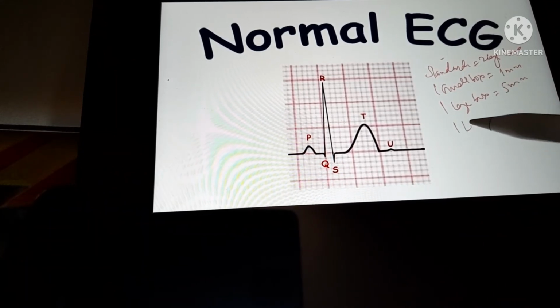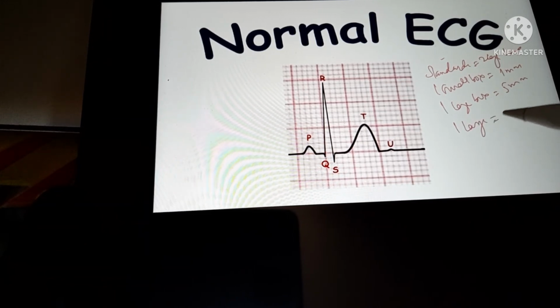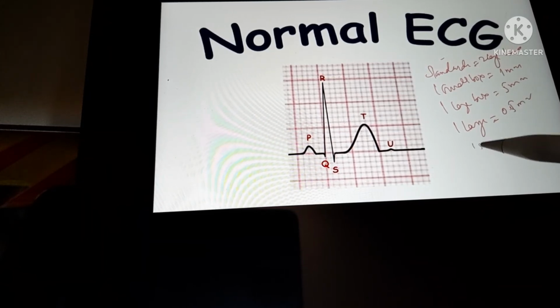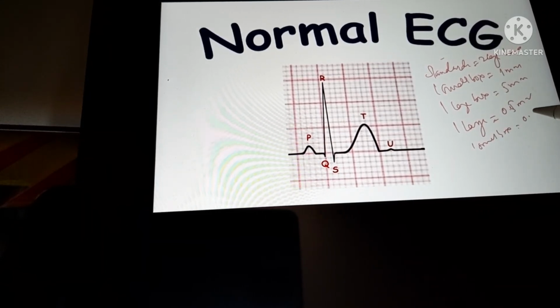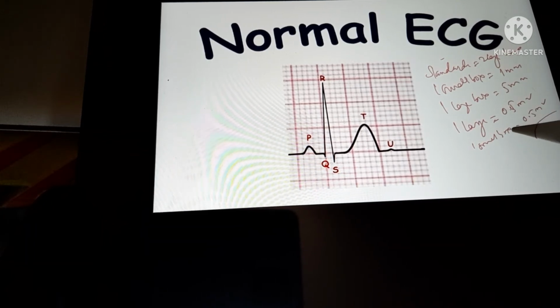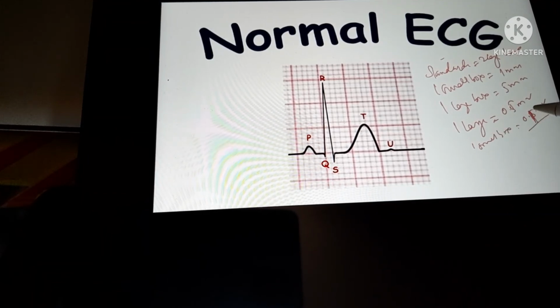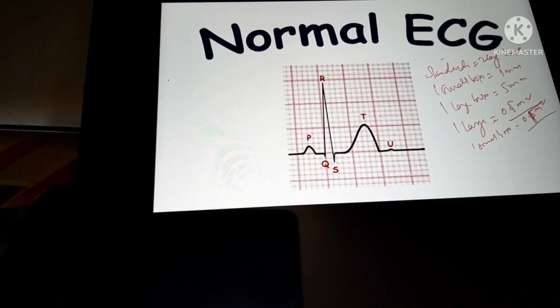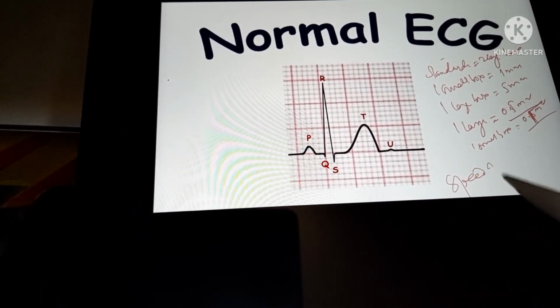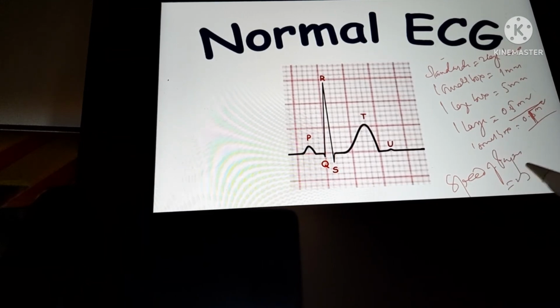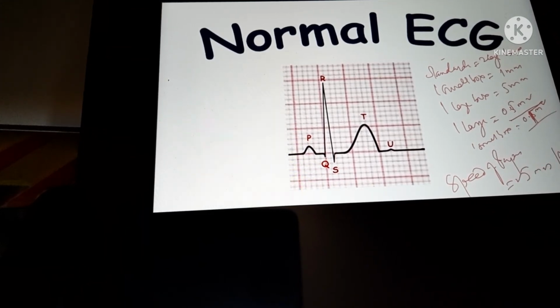So one large box has a voltage of 0.5 millivolt, and one small box has a voltage of... sorry, I should not say it has a voltage of, it represents 0.1 millivolt, one small box, and one large box shows an amplitude of 0.5 millivolt. And the speed of the paper should be 25 millimeter per second.